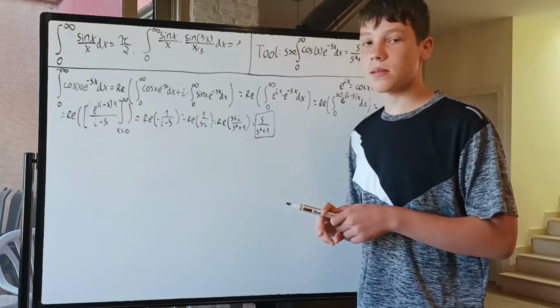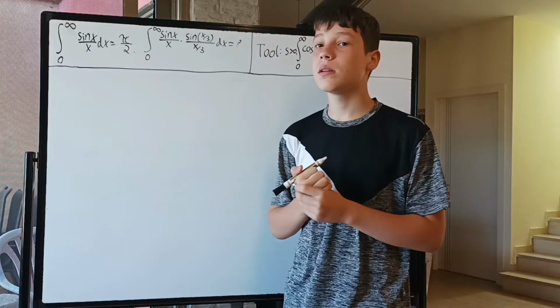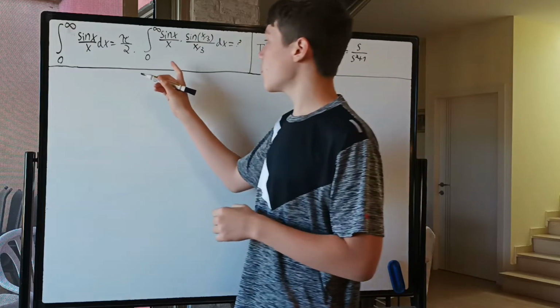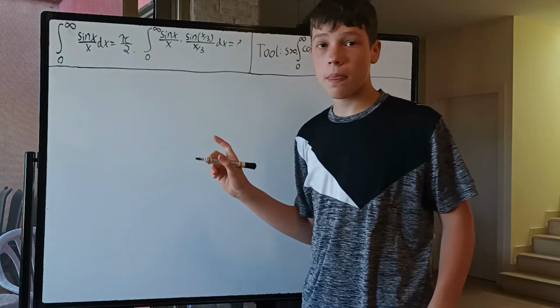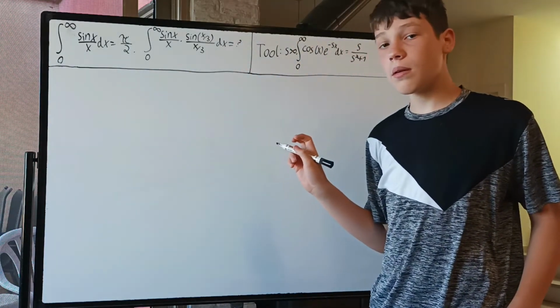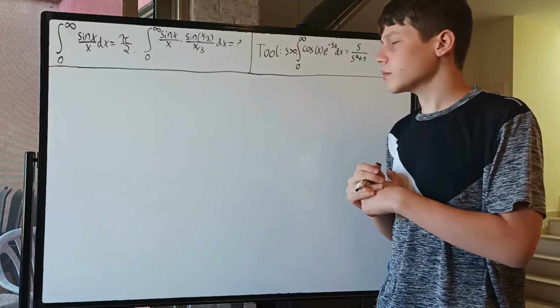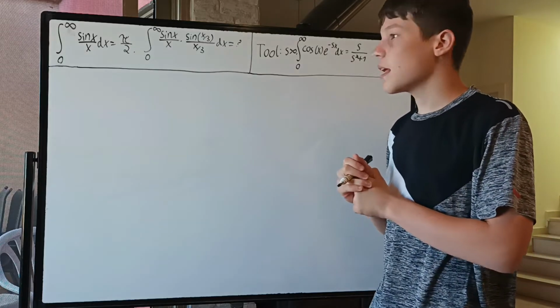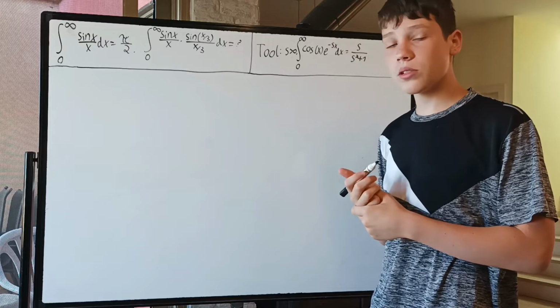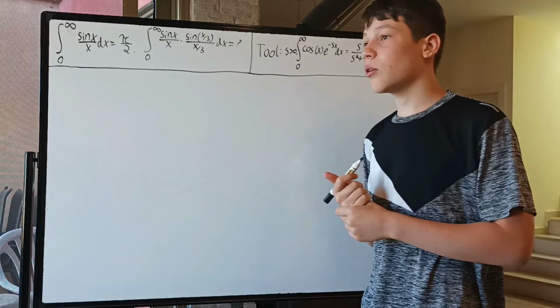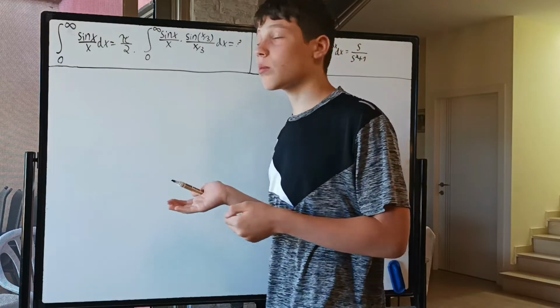Now let's jump into this. Okay, so we want now to evaluate this, and the real trick here is going to be using Feynman's trick, or maybe a Laplace form, whatever you want to call it.